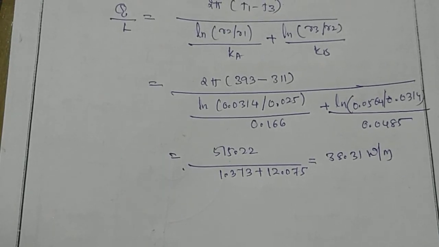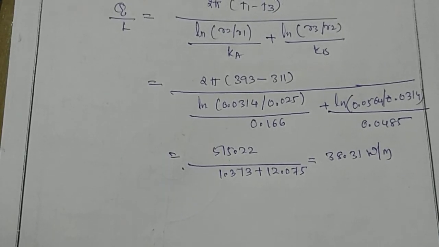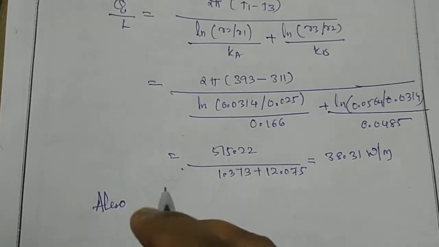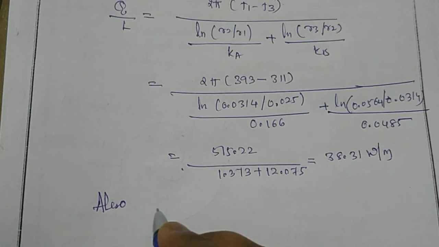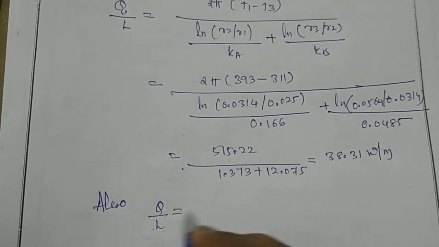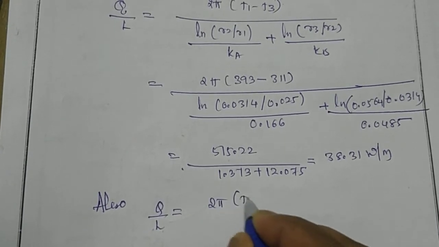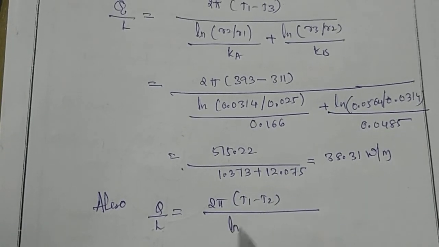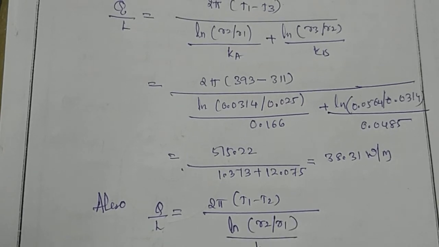Okay, and also we can write Q by L is equal to 2 pi times T1 minus T2 divided by ln of R2 by R1 divided by Ka.